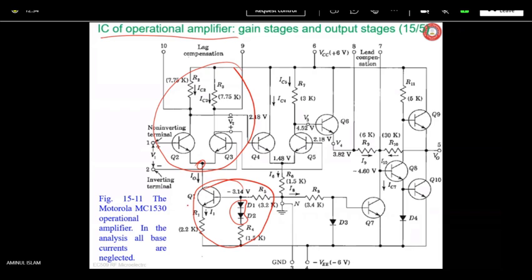IC is here 0.5 milliampere. So we get the differential input resistance as 10.4 kilo ohm.